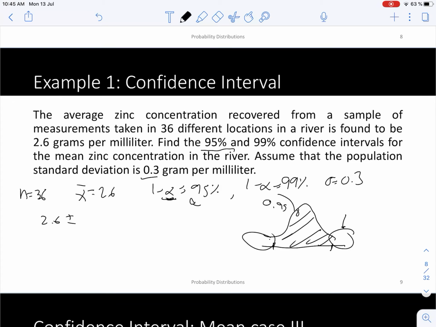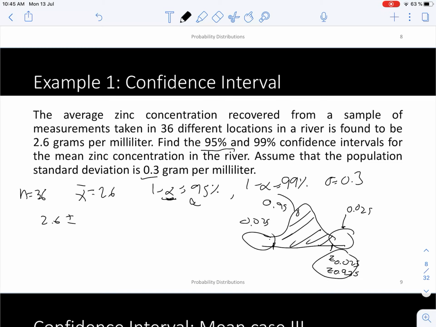So in this case, this is 0.025 and 0.025. So we need to get z that has 0.025 to the right, or if your table goes to the left, or if you're using software, then you need z with an area to the left of 0.975, right?